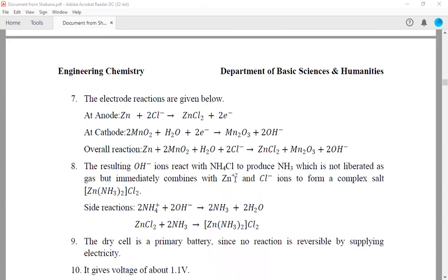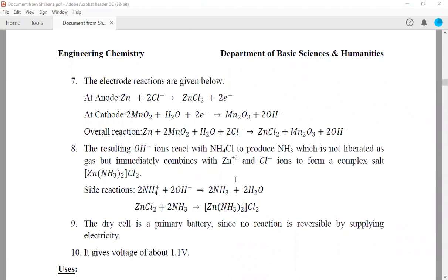Coming to the reactions. Whatever reaction takes place at the electrodes, that is at the anode and the cathode. At the anode, I already told you that oxidation takes place with the liberation of electrons. So here in the primary cell, the anode is a zinc container.